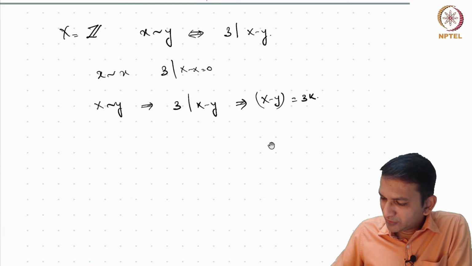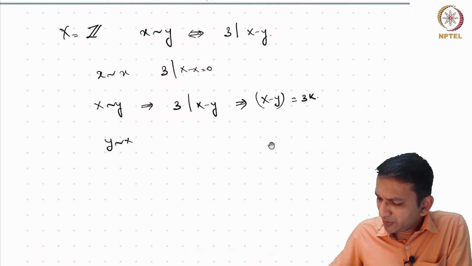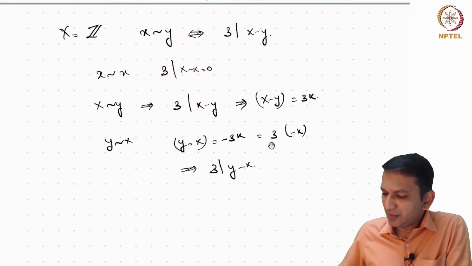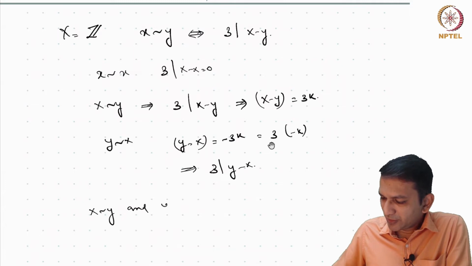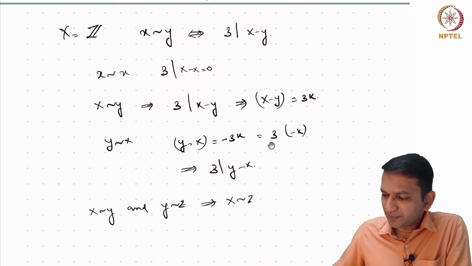Now, this also implies y is related to x, because we can say that y minus x is equal to minus 3 times k, or 3 times minus k, which implies that 3 divides y minus x. Similarly, you can extend that if x is related to y and y is related to z, then this implies x is related to z.